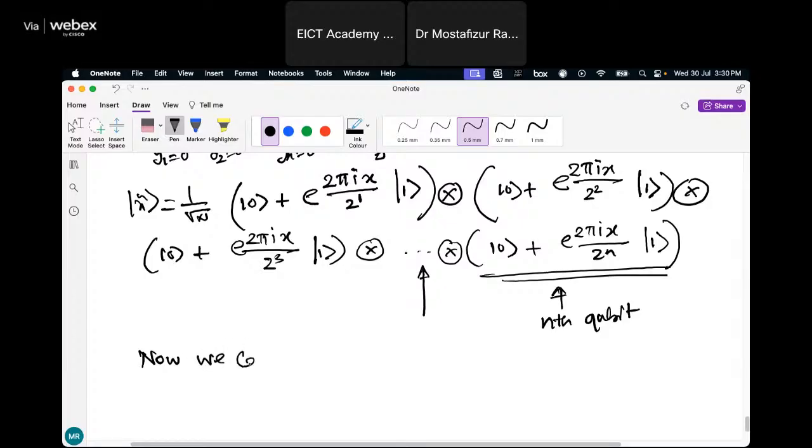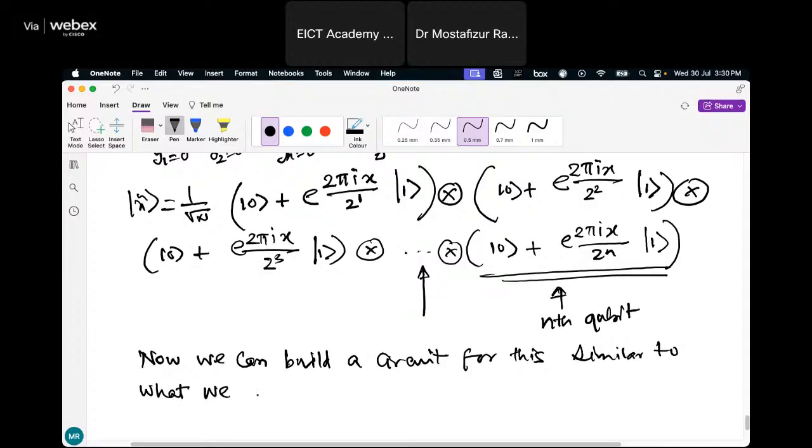So now we can build a circuit for this, similar to what we did with the Hadamard gate earlier.